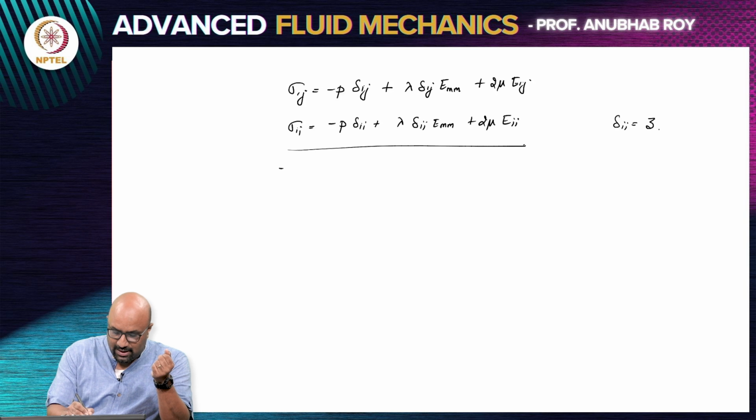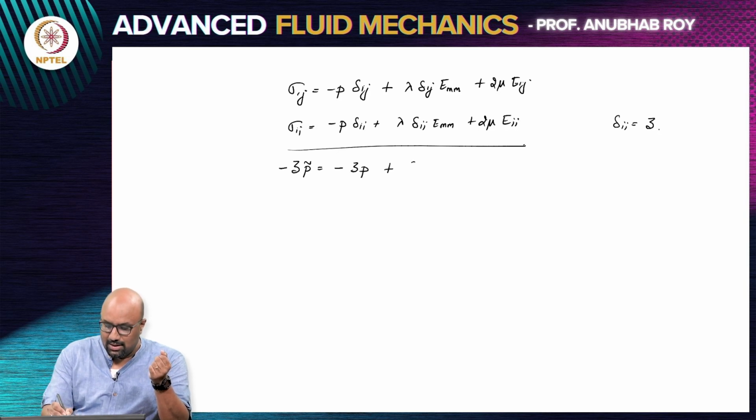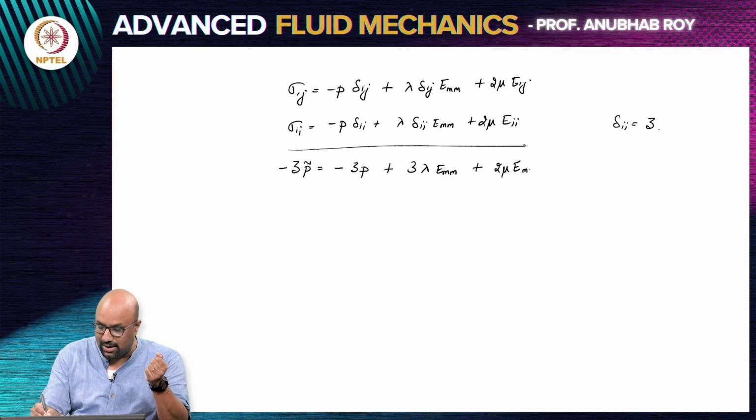So, I have minus sigma ii is 3 P tilde, and this one becomes minus 3 P. This is 3 lambda Emm plus 2 mu, I can write it as Eii or I can write it as Emm.